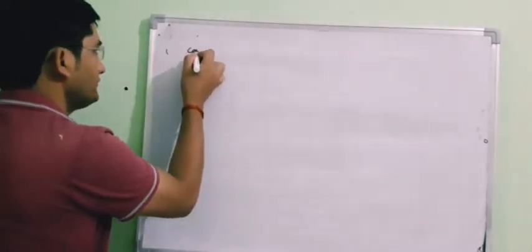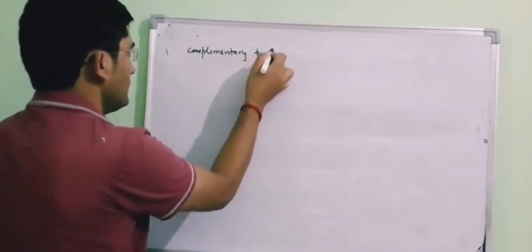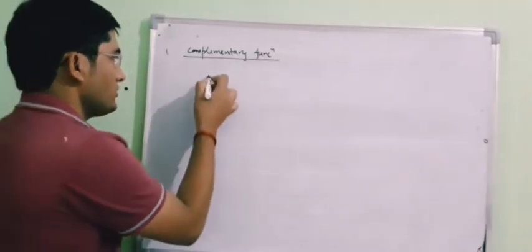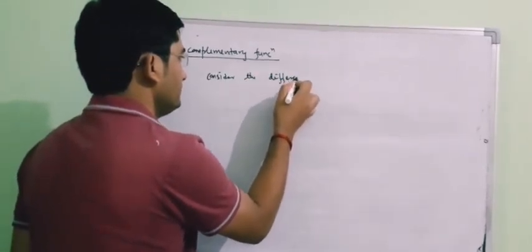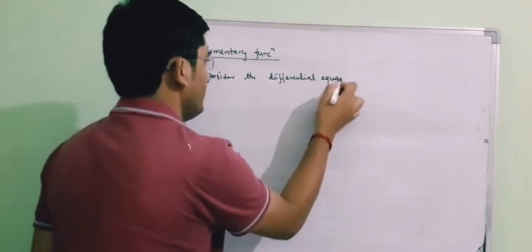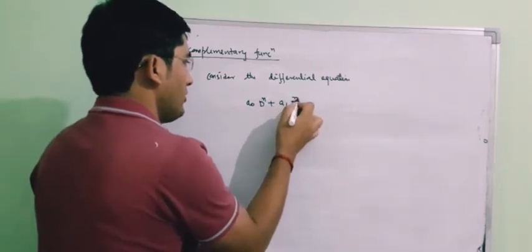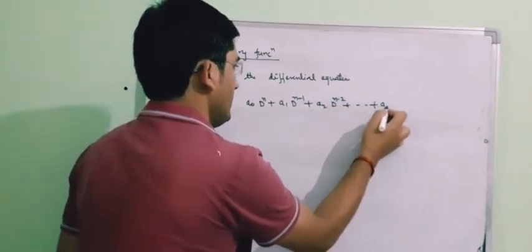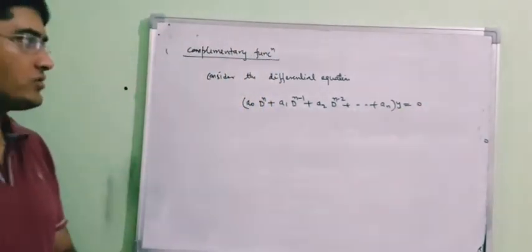So let us discuss the complementary function. Complementary function means it is the solution when r(x) is 0. So consider the differential equation a0 D^n plus a1 D^(n-1) plus a2 D^(n-2) plus ... plus an of y equal to 0, which is the differential equation when the right hand side is 0.